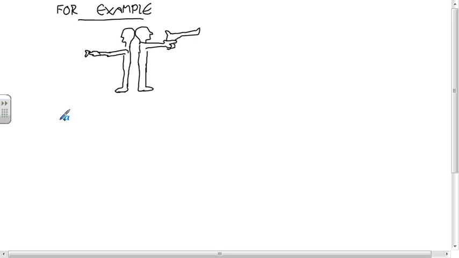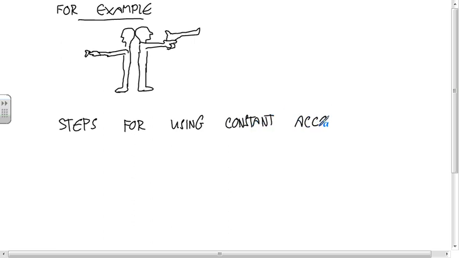Okay, so steps for using the constant acceleration kinematics equations in 2D.